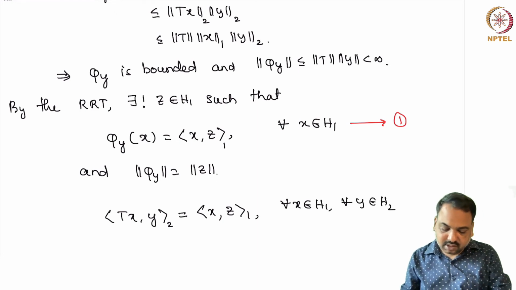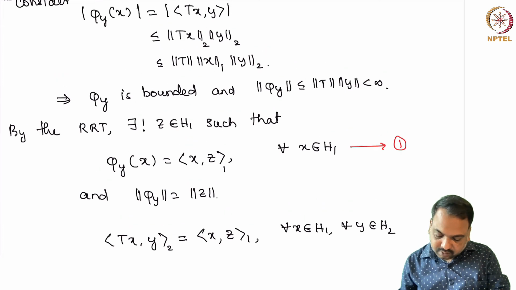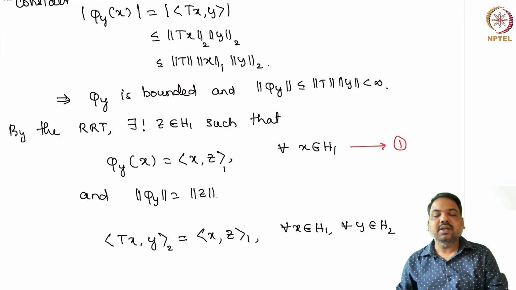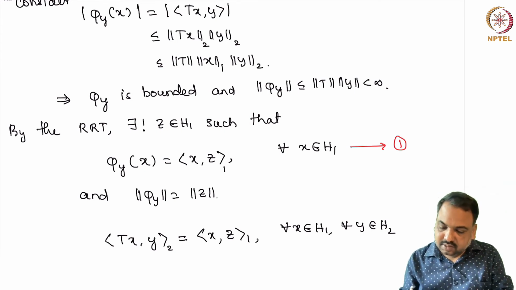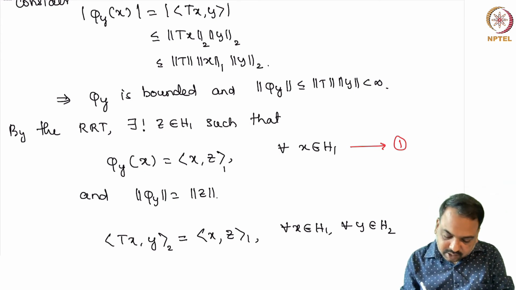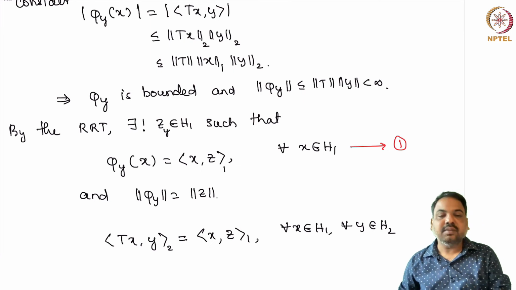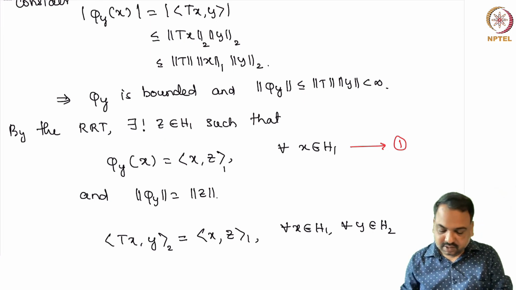The reason is that y was fixed earlier, but this process can be done for every y, and you can keep in mind that this z also depends on y all the time.